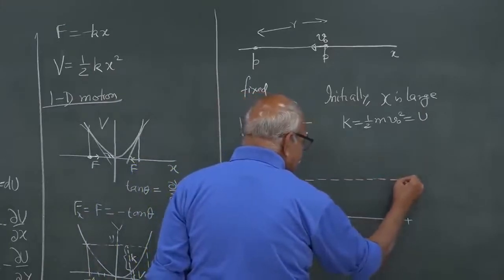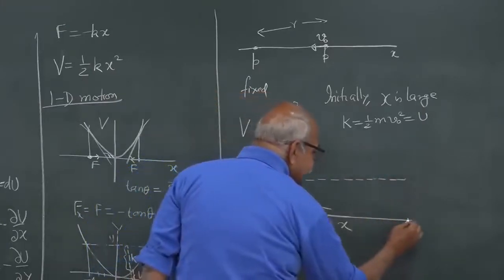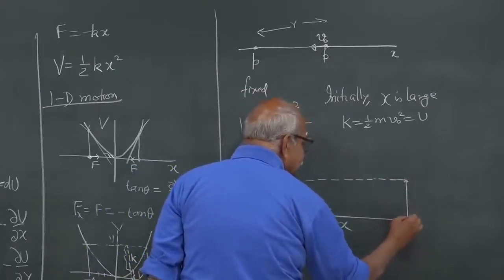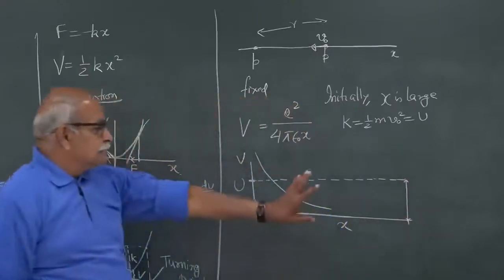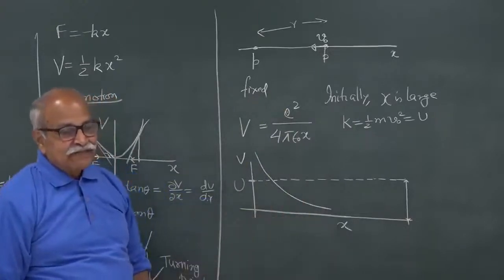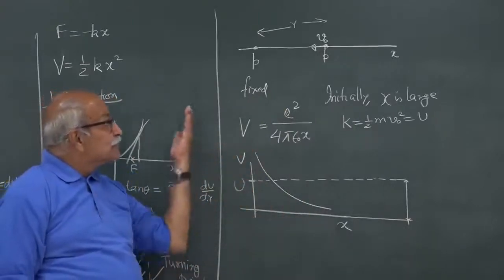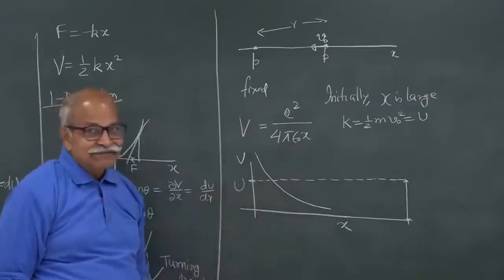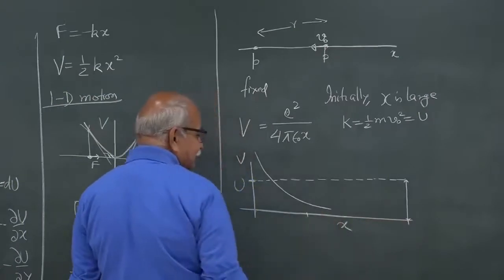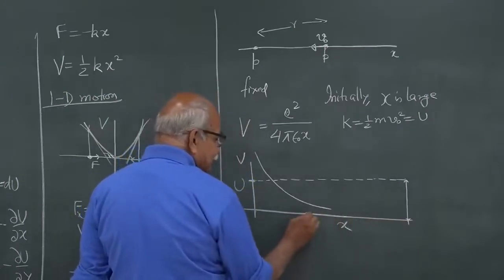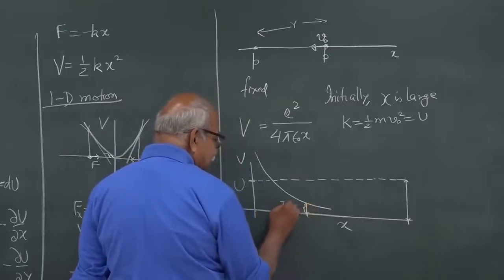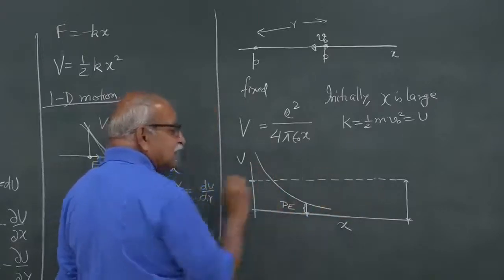If the particle is here, the potential energy is almost 0, and this much is the kinetic energy and also the total mechanical energy. Now, the particle is coming towards this proton, so x is decreasing. Suppose it has come here. When the particle is here, this is the potential energy, that is the curve I have drawn, potential energy versus x.